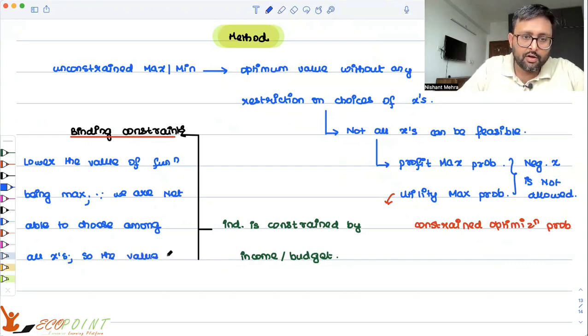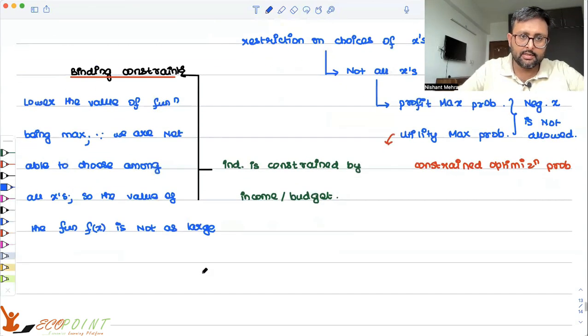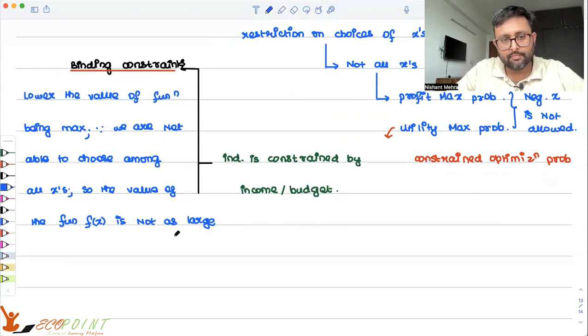So the value of the function f(x) is not as large as it could be.